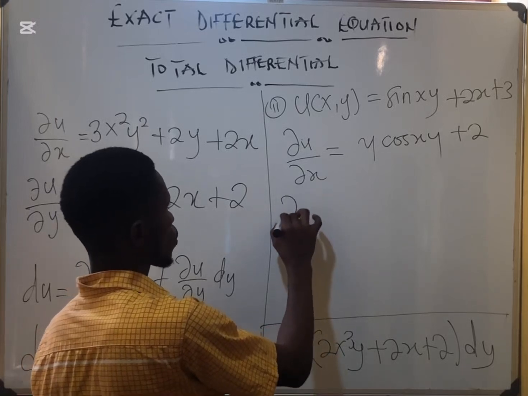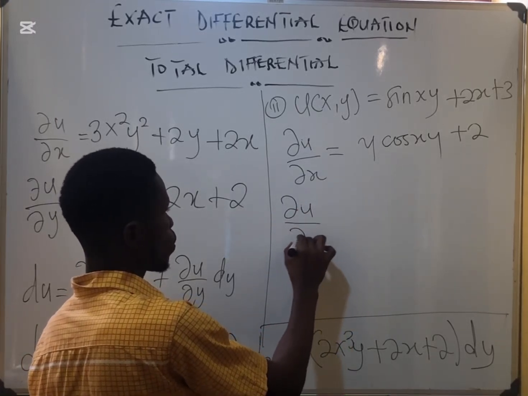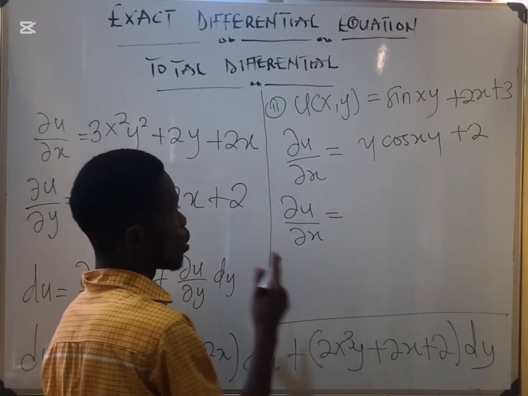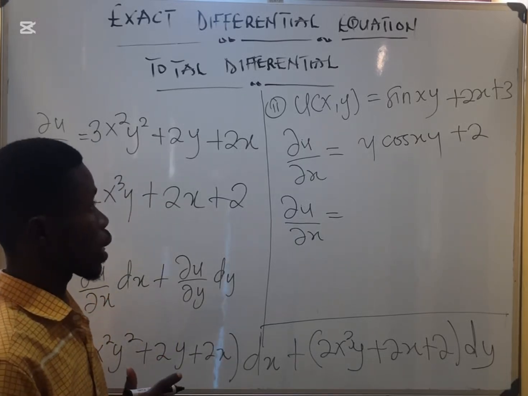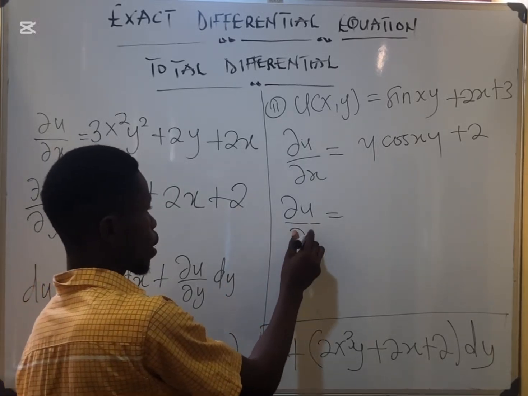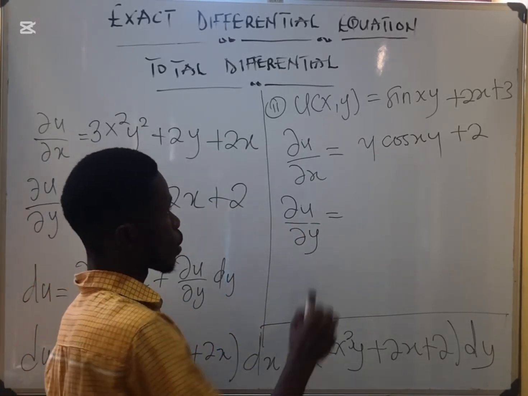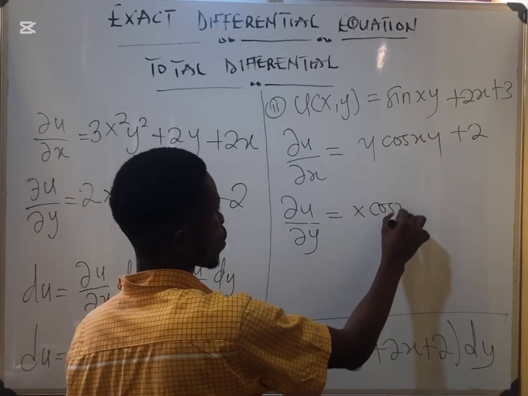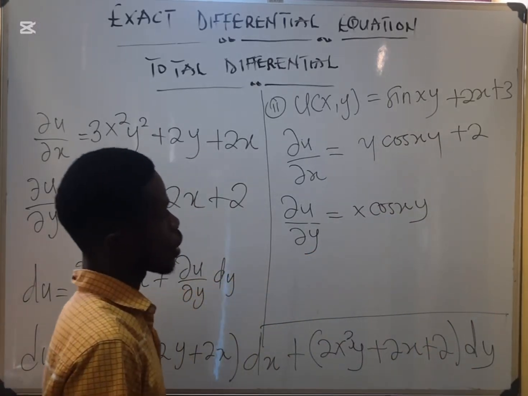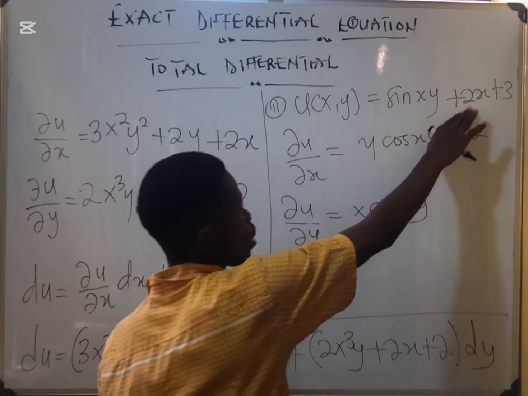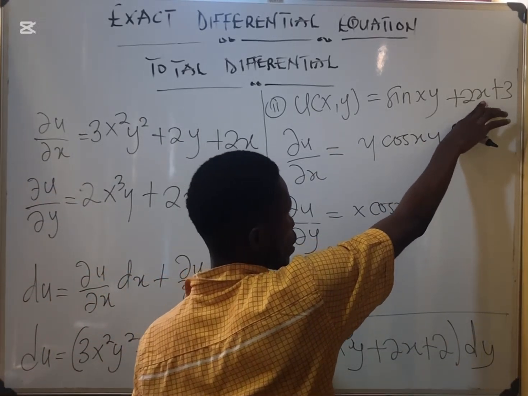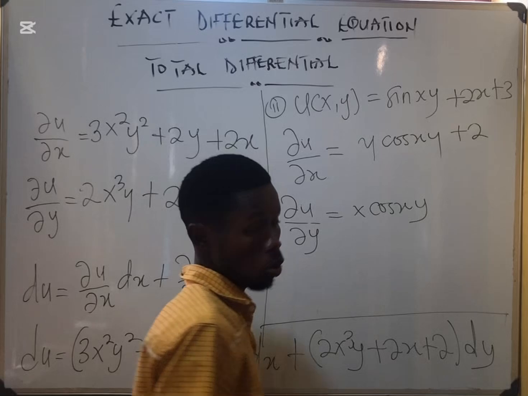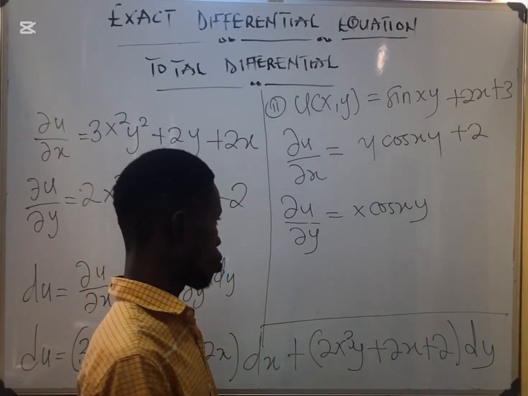Then you also have delta u delta y. Looking at delta u delta y, this side is going to give us x cos xy. Then here will be 0, and here will be 0, because there's no y here, so they all become constant and they all go to 0.